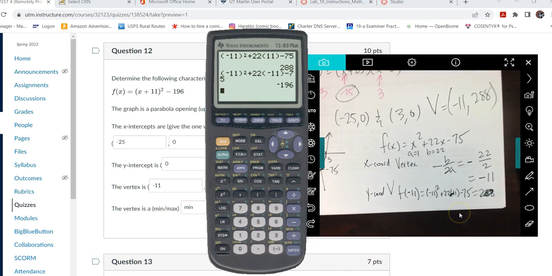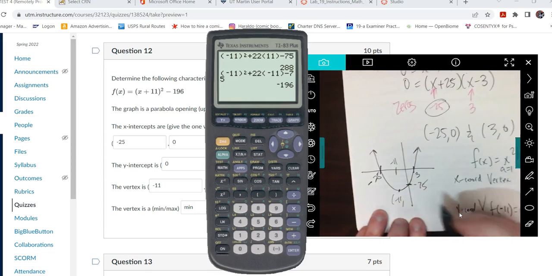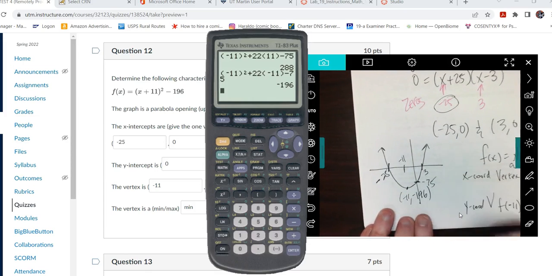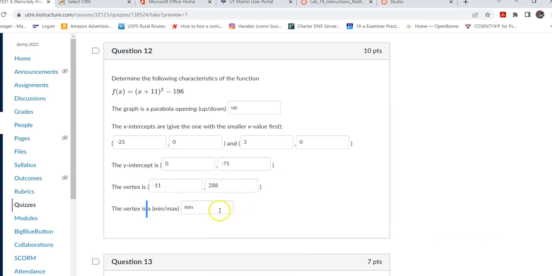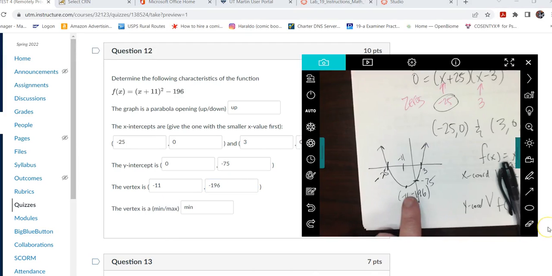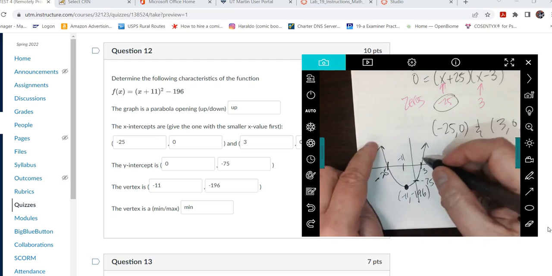Okay, negative 196. So I need to come back here and put negative 196. But we can also see from the picture I drew that the vertex is going to be a minimum.